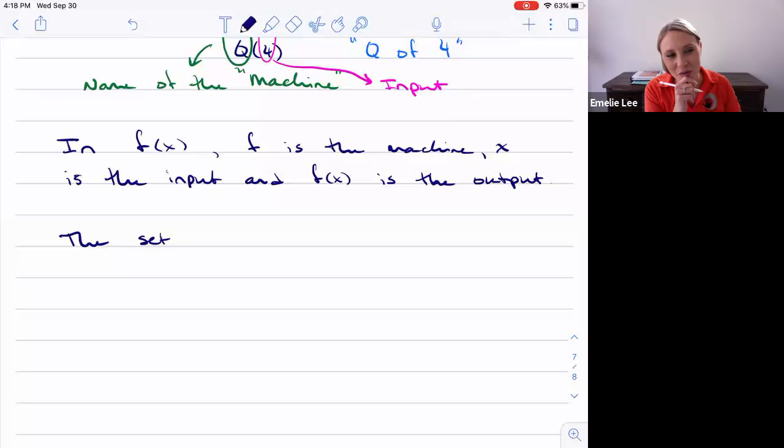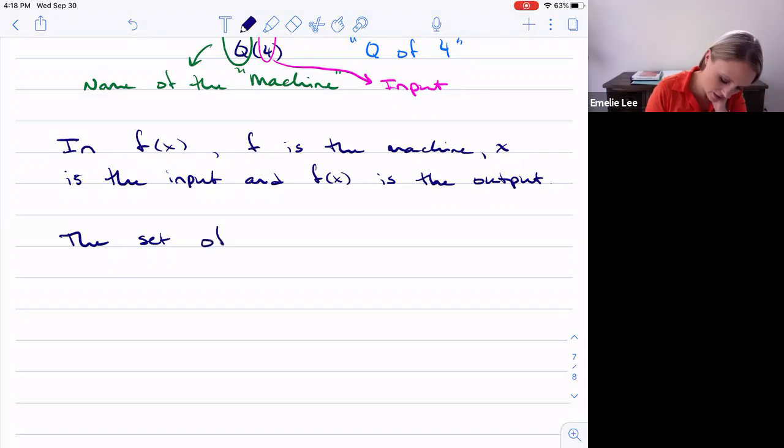We move on to the domain and the range. If you have heard about the codomain, we'll leave it for a little bit in case we ever need it, but usually we only talk about the domain and range.